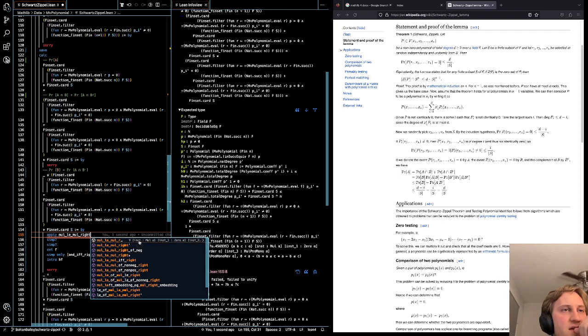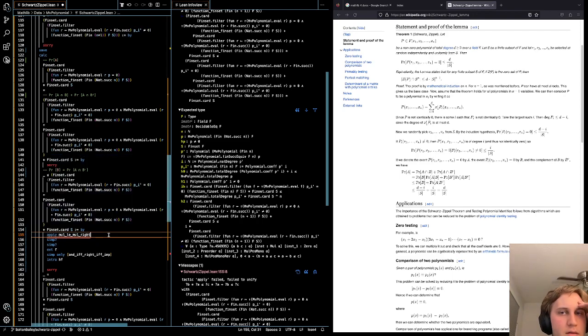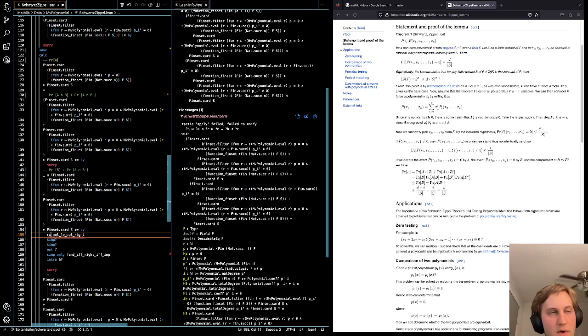Okay, and there is such a lemma. But it needs to be a rewrite using mul. Right. Okay, let's see if that works.